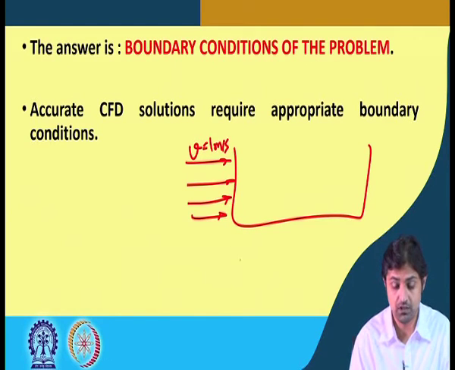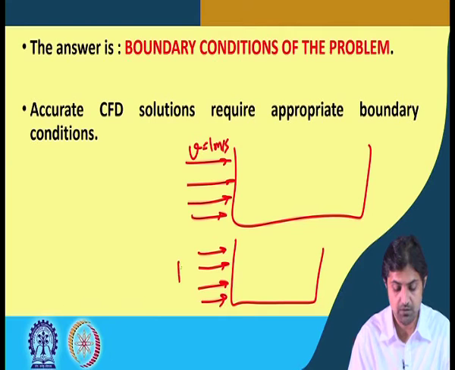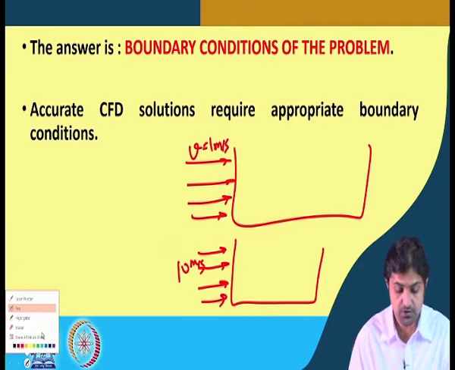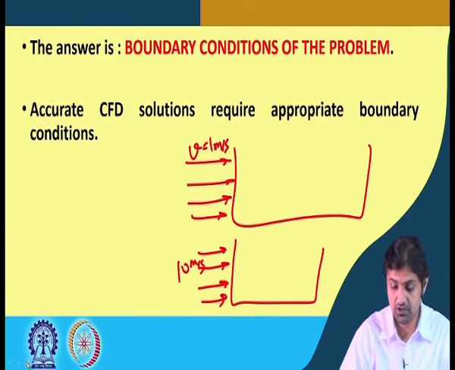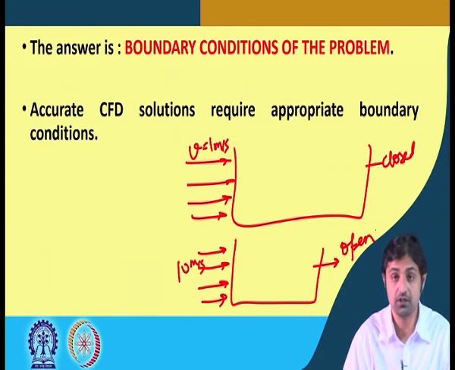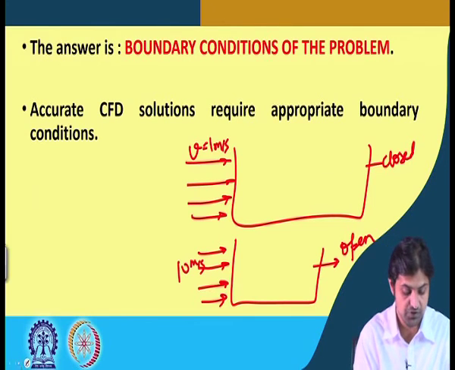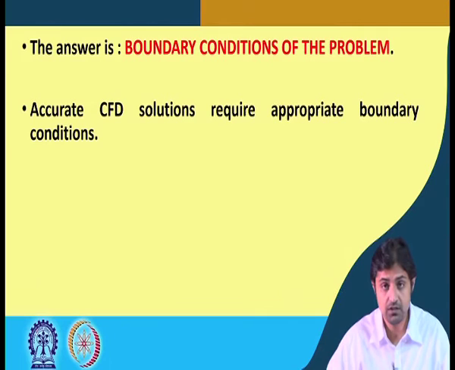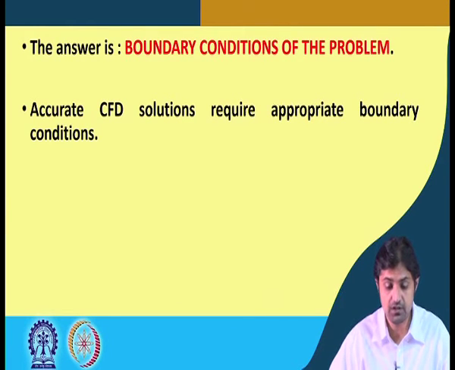There could be others where the velocity could be 10 meters per second, for example. These are different boundary conditions, that is why we get different results. Suppose one of the boundary conditions is that this is closed at this end and the other could be open. So this is another boundary condition. Because of this difference in boundary conditions, we have different solutions of the problem.